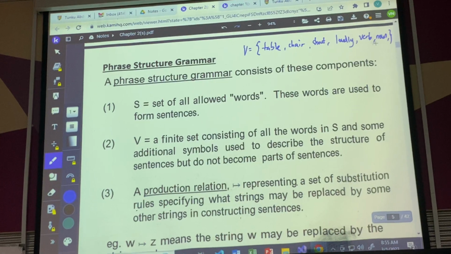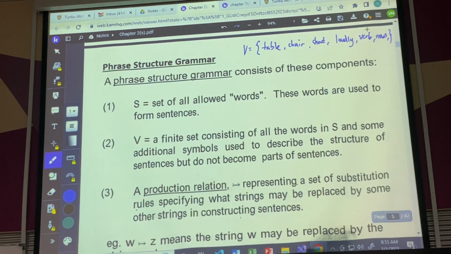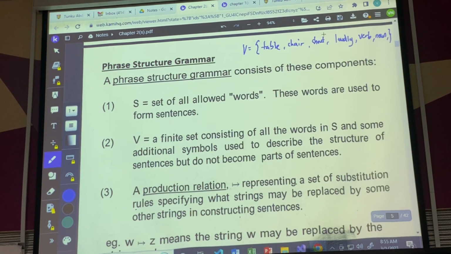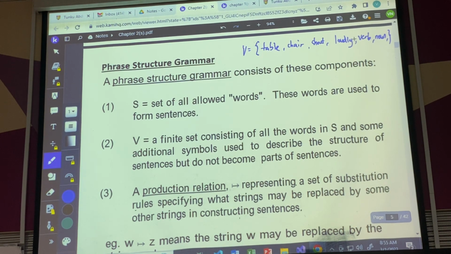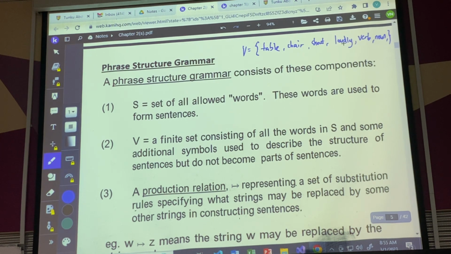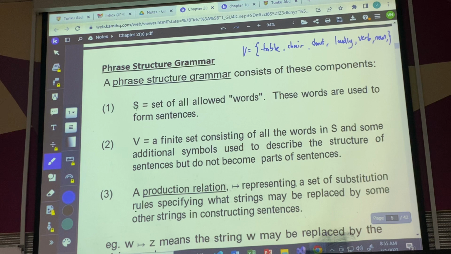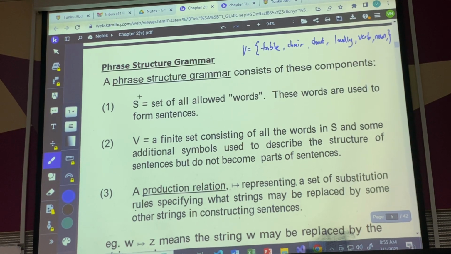You won't write this in your sentence, isn't it? But you know that there is a verb and a noun in your sentence, right? So these two are words inside the set V, but will not be used to form a final sentence. Understand? So set S will only consist of table, chair, shout loudly, all the words used to form the sentence. V will include some words like this, which we cannot use in the final sentence. That is the difference between set S and set V.